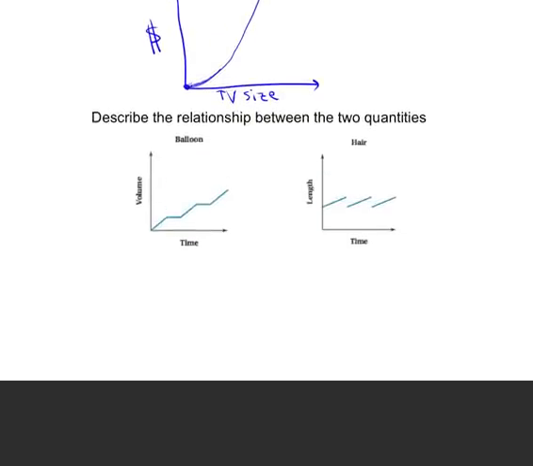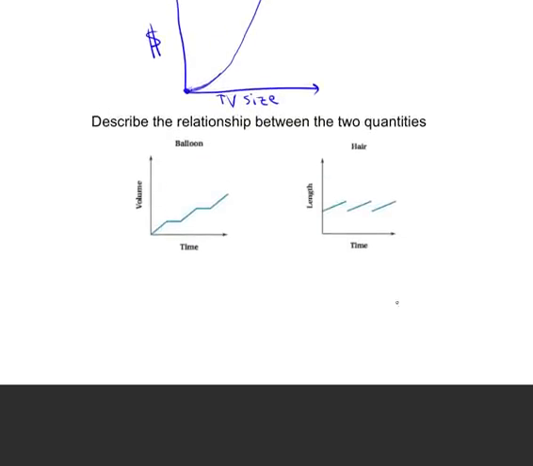And our last one is to describe the relationship between the two quantities. So I have a balloon and hair. I think I'll do the hair one first. So we have our length and time. So our hair length increases at a constant rate. Oh yeah, my hair grows constantly.